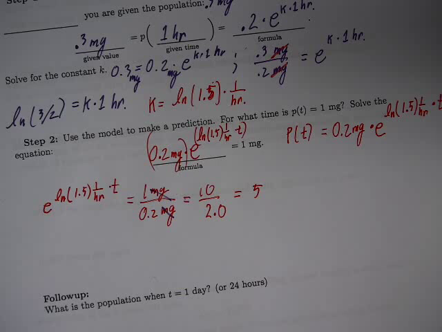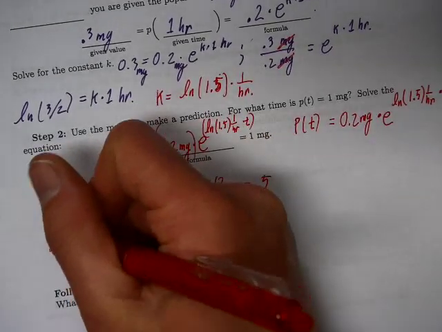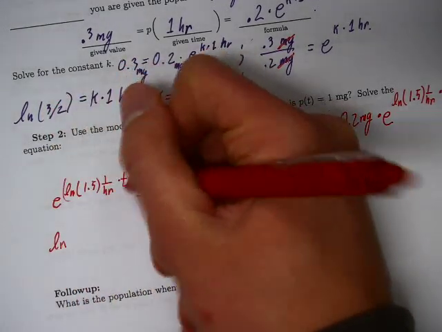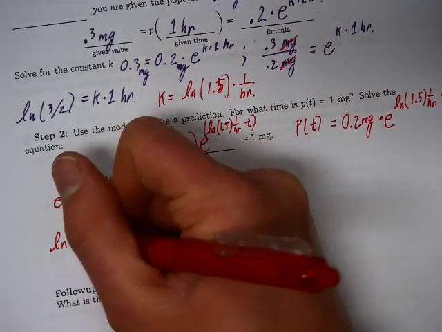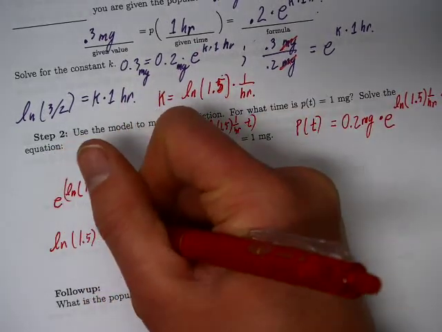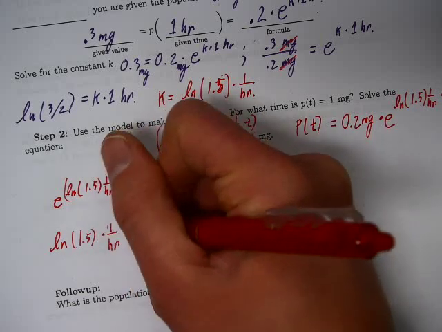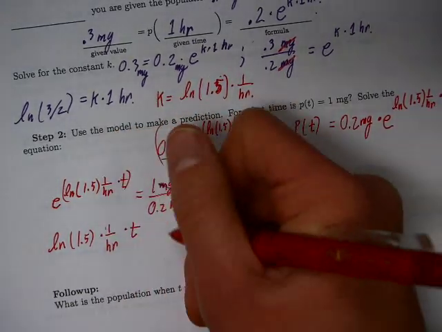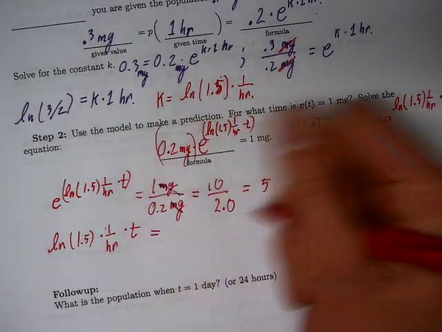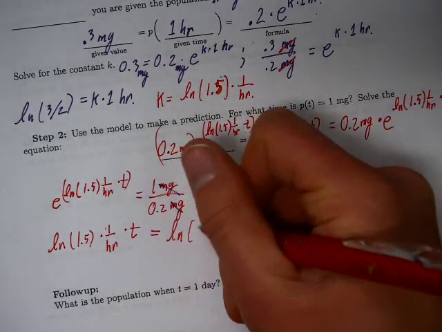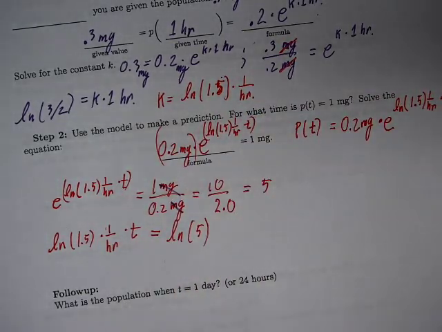Take the natural log of both sides, or if you prefer, we write it in log form. They both have the same result. So you end up with the stuff in the exponent, ln of 1.5 times time is equal to the natural log of 5.